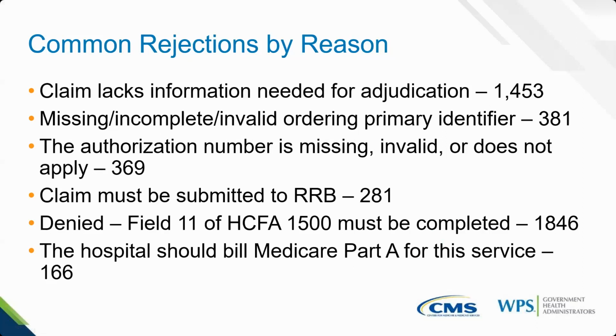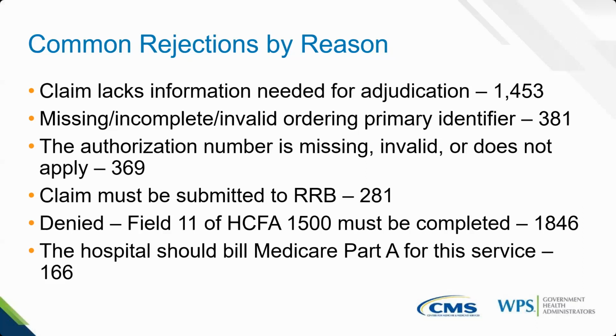So first of all, claim lacks information needed for adjudication. 1,453 rejections. I'm talking about rejections now, and remember they're very different than denials, for that 3-month time for claim submissions for Specialty 13. Now that could be any of a number of things. You're going to need to check your claim over to see that you've included all of the information that's required on a claim.